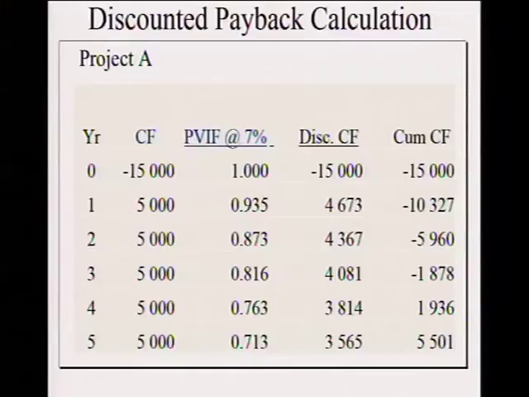But in practice, or in reality, cash flows are affected by inflation. So we say the money that we receive today is different from the money that we will receive after 1 year. When you look at this slide, the 5,000 that we receive in year 5 doesn't have the same value as the 5,000 that we receive after 1 year.